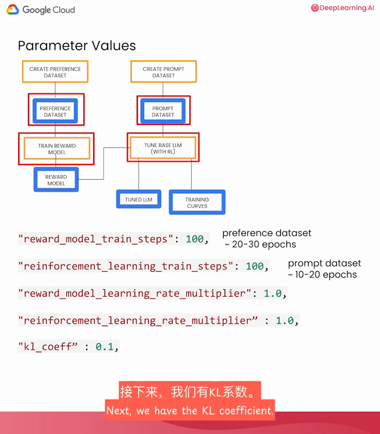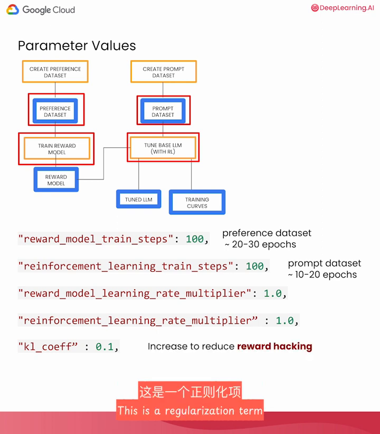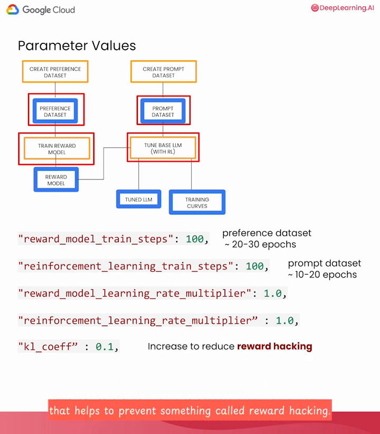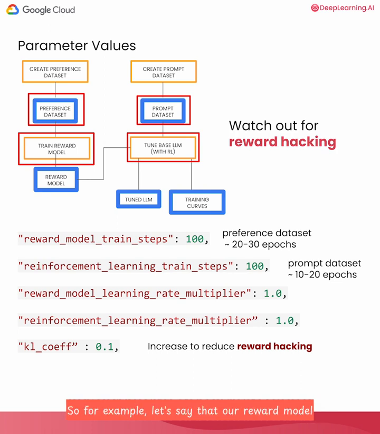Next, we have the KL coefficient. This is a regularization term that helps to prevent something called reward hacking. So for example, let's say that our reward model tends to give higher rewards for completions that contain positive words like excellent, superb, great. During the reinforcement learning loop, our base large language model might learn that if it generates completions that are filled with positive terms but don't actually make a whole lot of sense, it will still result in higher rewards.